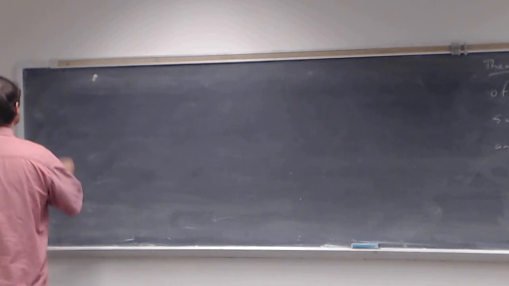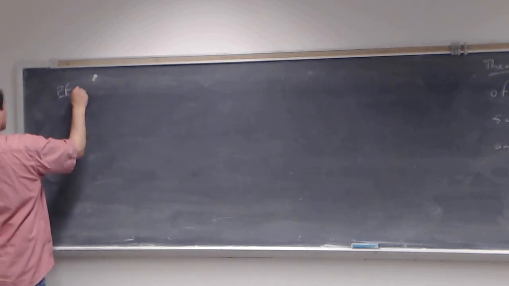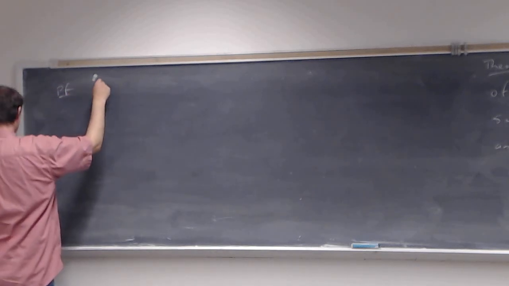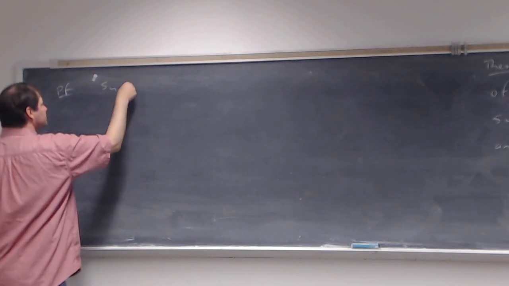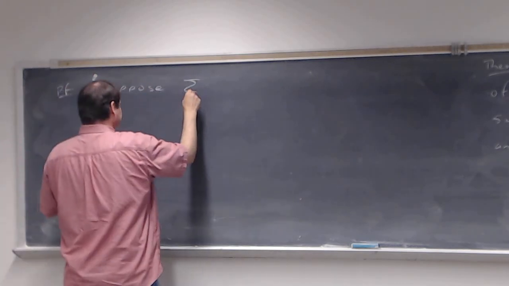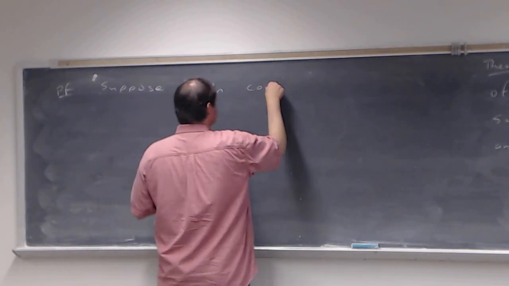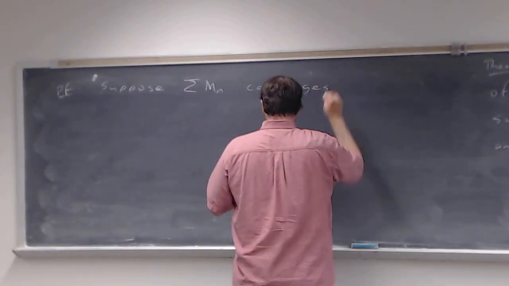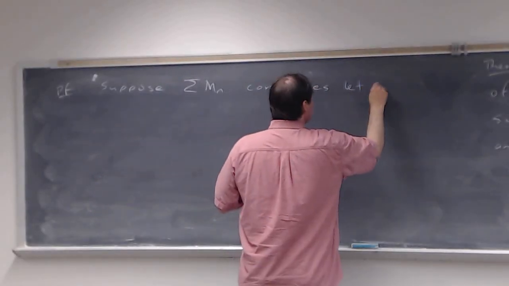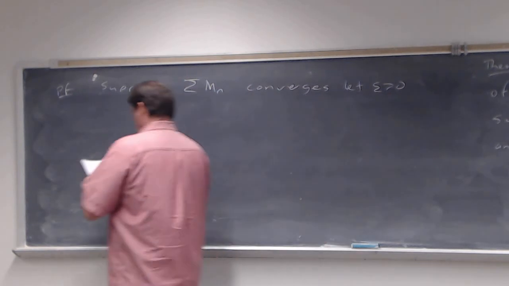Okay, let's look at the proof. So we're going to suppose, by hypothesis, that the sum of these M sub n's converges. We're going to let epsilon be greater than 0 be given.